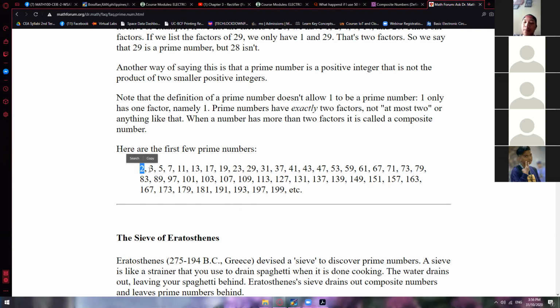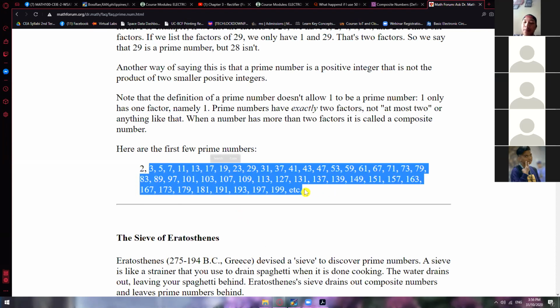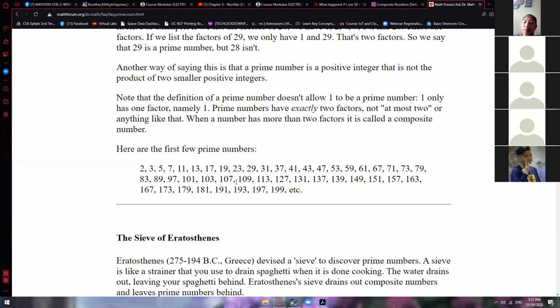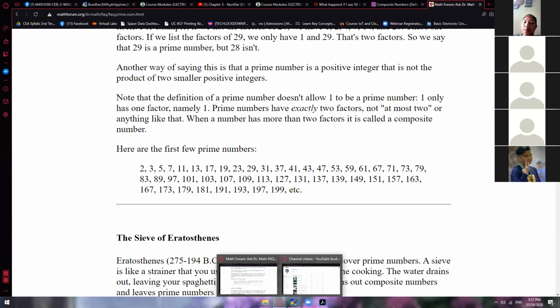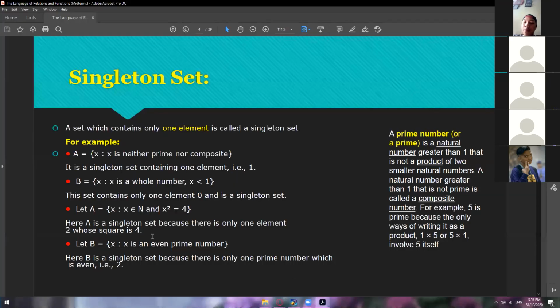So starting natin is 2, and then the rest are odd numbers. Right? So the only number, okay, in here, or the only element in set B is 2. Okay, so thus we could say that here B is a singleton set because there is only one prime number, which is even, which is the number 2.